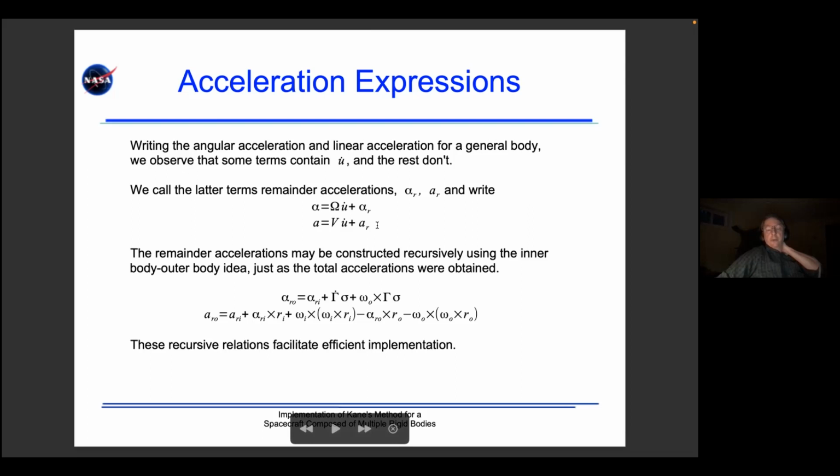And the nice thing about those is that I can build them recursively. Okay, if I know the remainder accelerations of my inner body, then I can find the remainder accelerations of my outer body for each joint, by adding these terms. So great, I've got these expressions now, and I can build in an efficient manner all the angular accelerations for all my bodies in my entire spacecraft.